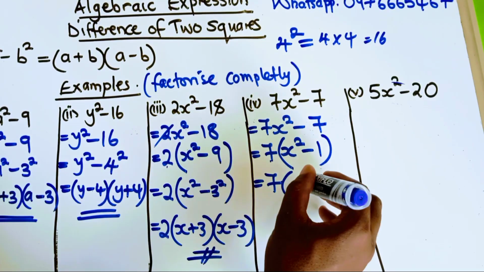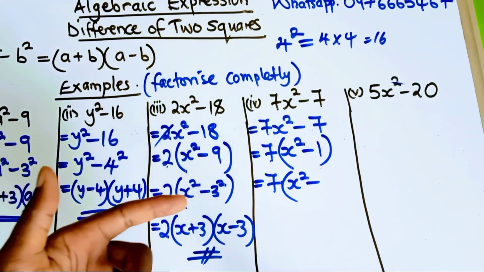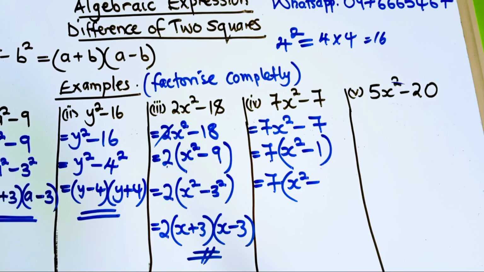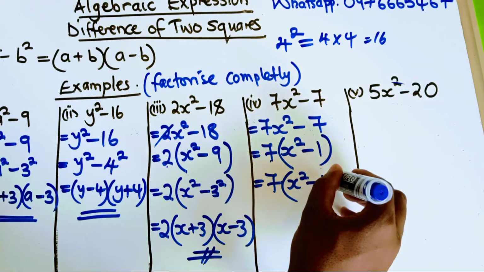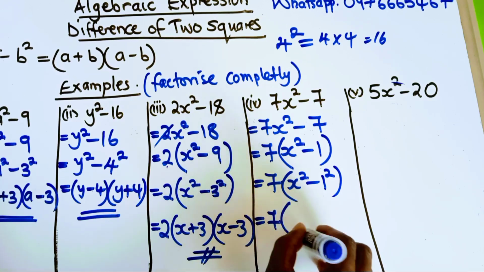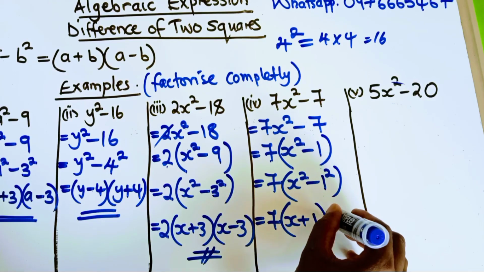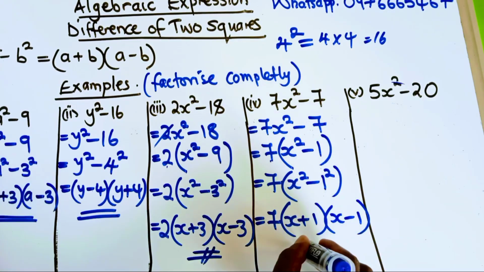Say 7, open brackets, x squared minus. The square root of 1 is 1 itself. So it says 1 squared. And the final answer will be 7, open bracket, (x plus 1), and then (x minus 1). You are done. Like that.